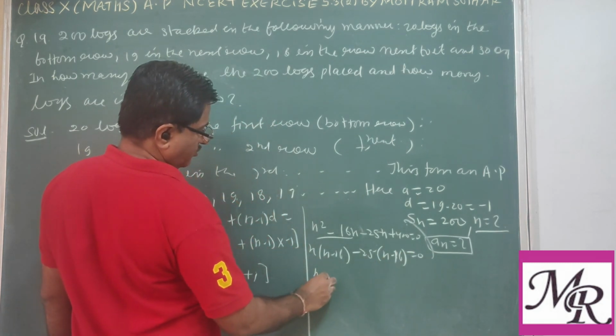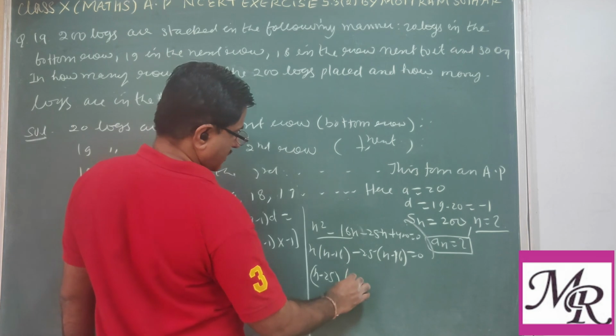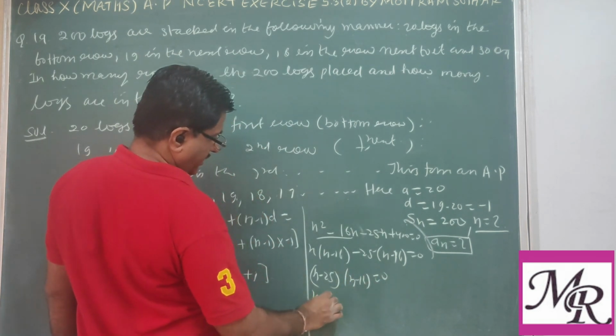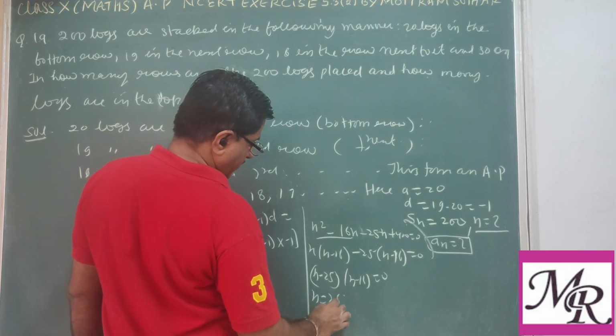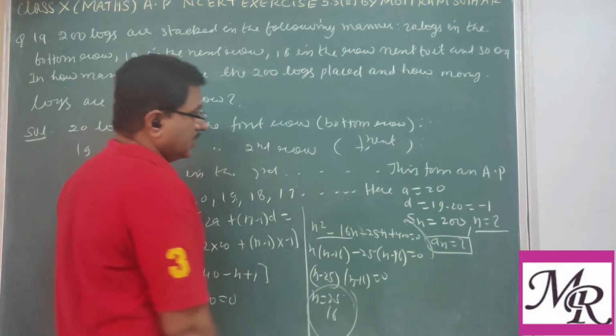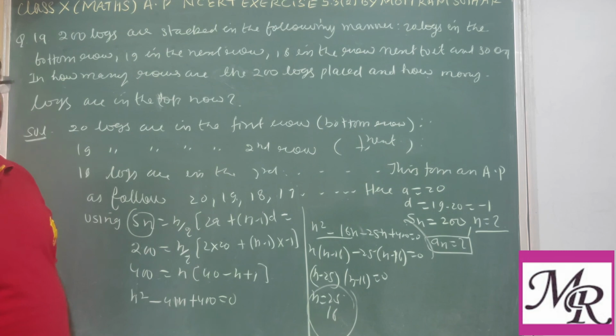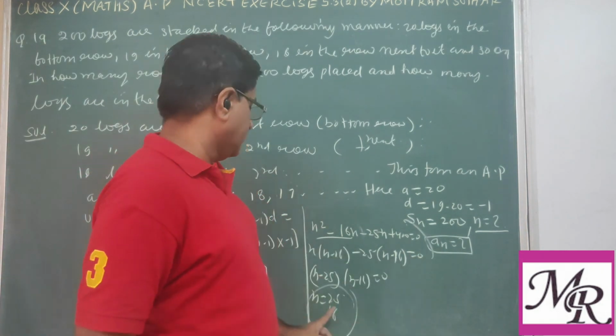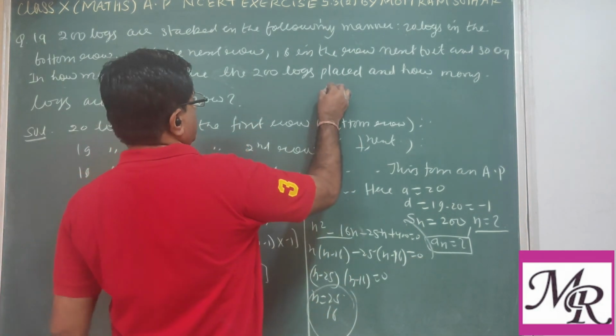So we have two factors: either n equal to 25 or n equal to 16. Now we see which value is favorable, as this is the number of terms.